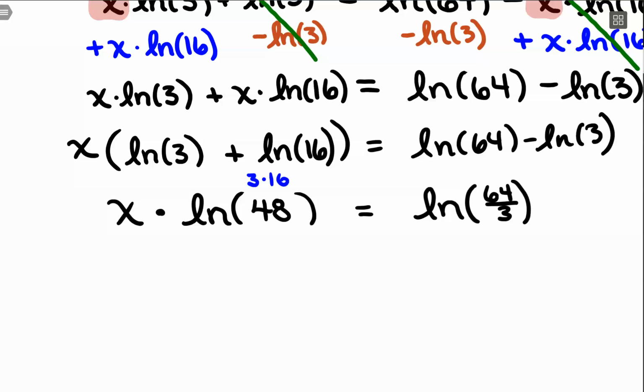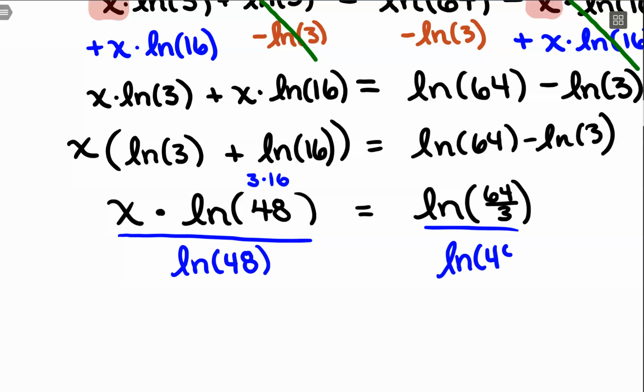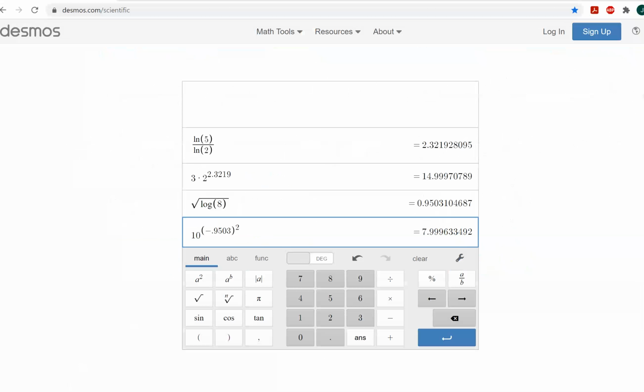All right, so at this point, we can divide both sides by natural log of 48, which would be x equals, and then we would type that into a calculator.